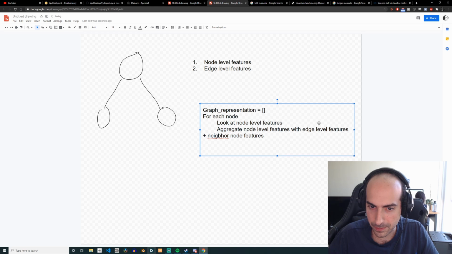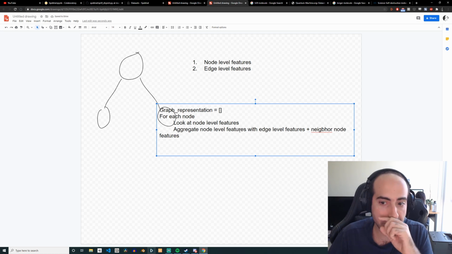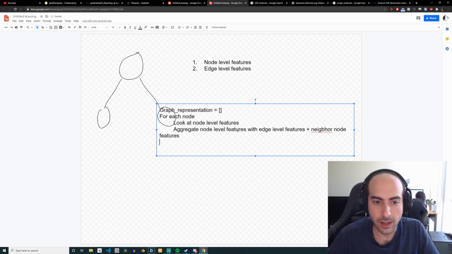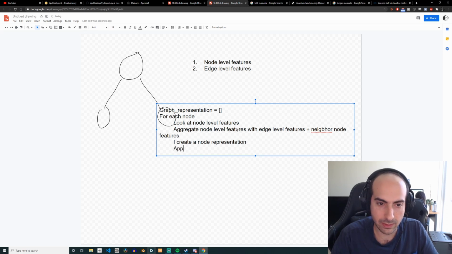Let me just sum this up. Let's expand this out. So I'm going to aggregate all the node level features with the edge level features. After this aggregation, I create a node representation, and then I append the node representation to the graph representation.